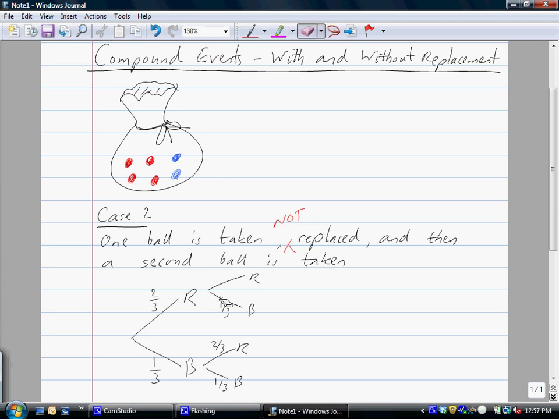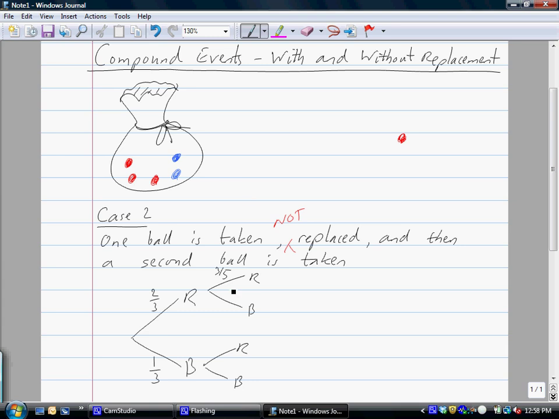Right, now the diagram has the same structure, but the probabilities will be different because, for example, if my first ball is red, then one of these balls has gone. Right? I've taken it out. So looking at the probabilities of red and blue after that, I get different values. So if I've already had a red ball, the probability that my second ball is red is 3 out of 5.